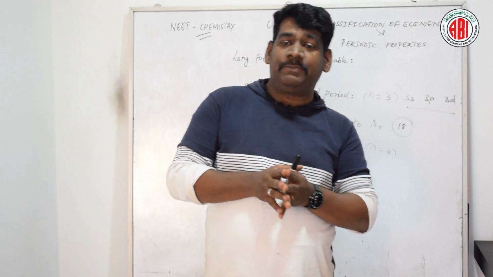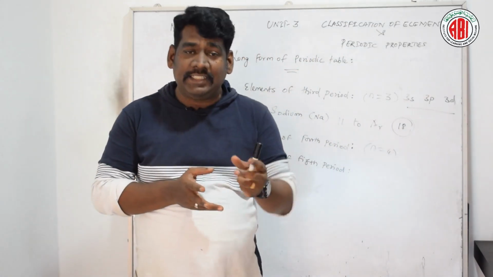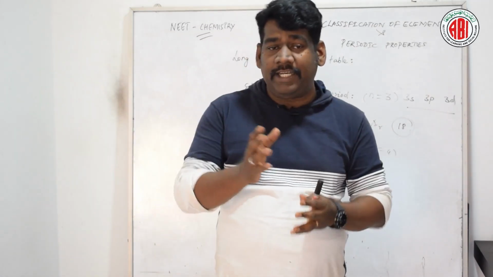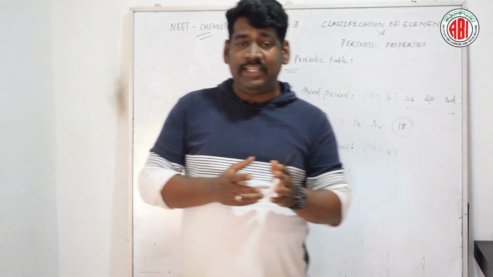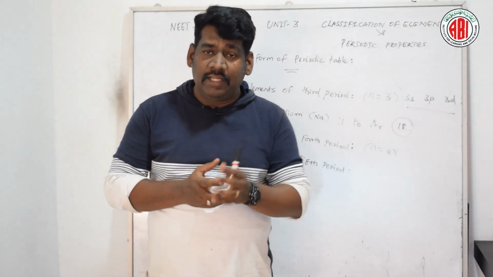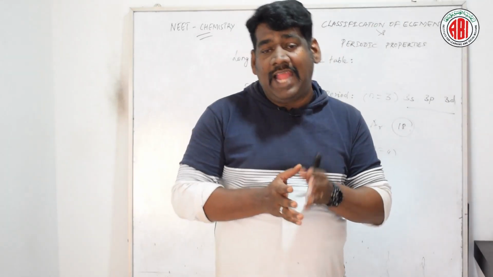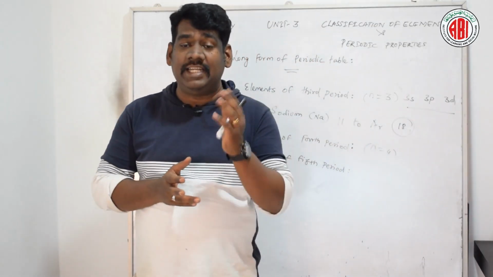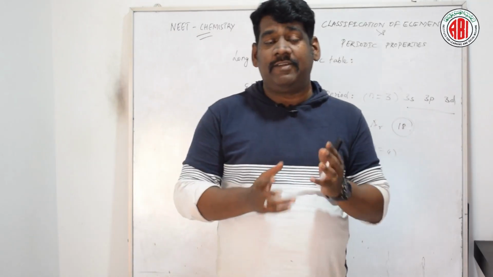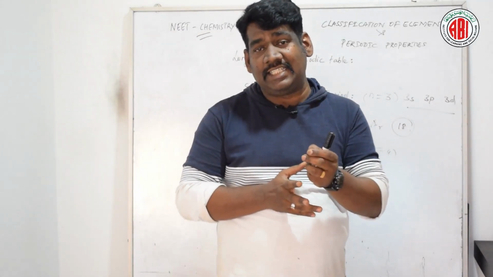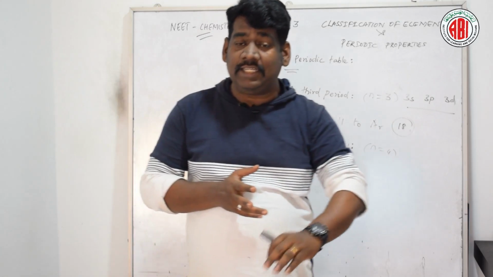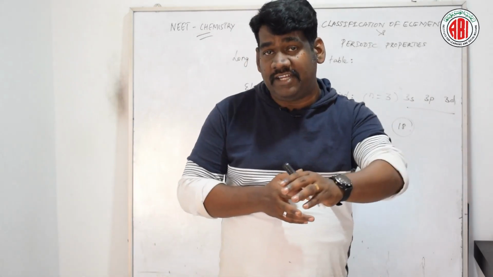Some elements of this period have been recently established and named. This period also contains 14 elements involving the filling of 5f orbitals, starting from actinium, atomic number 89. This is called the 5f inner transition series, or the actinide series.